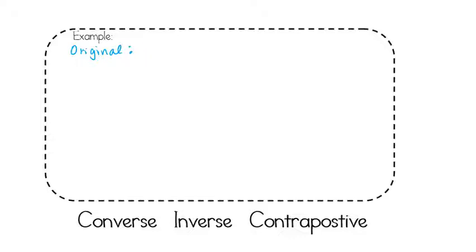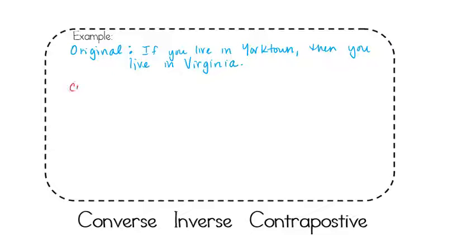So let's do another original. All right, so we'll put, if you live in Yorktown, then you live in Virginia. Okay, so converse.